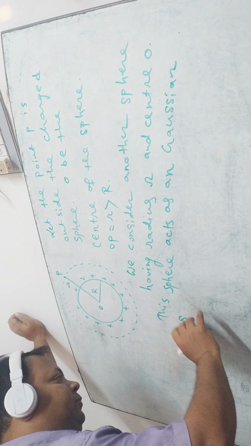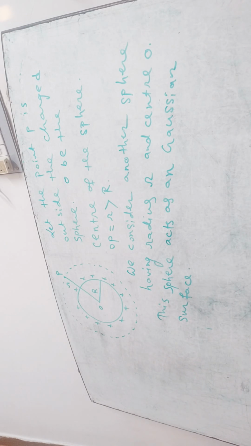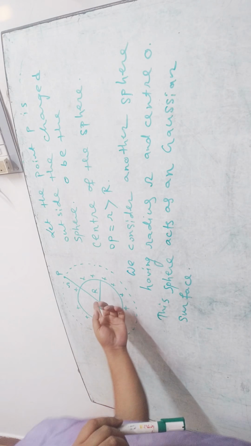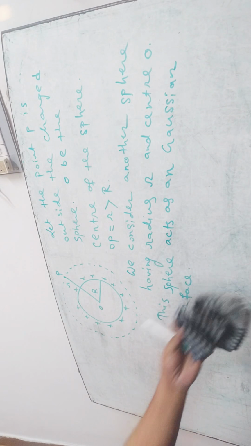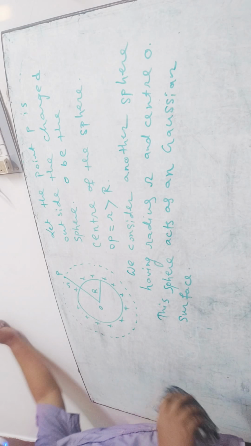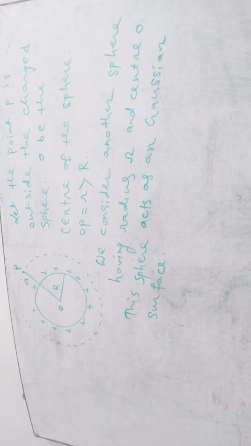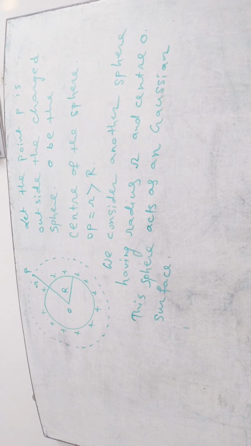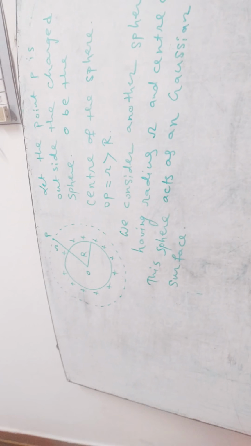Now the electric field acts parallel to the radius vector, or along the radius vector. Now we can apply Gauss theorem to the larger sphere.